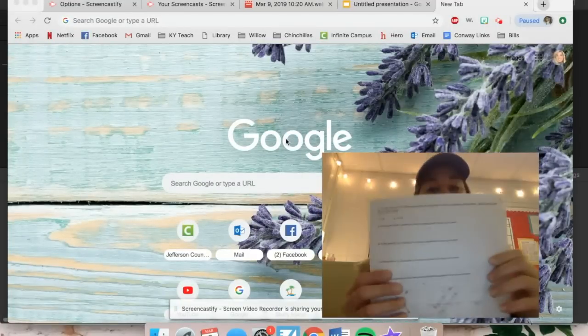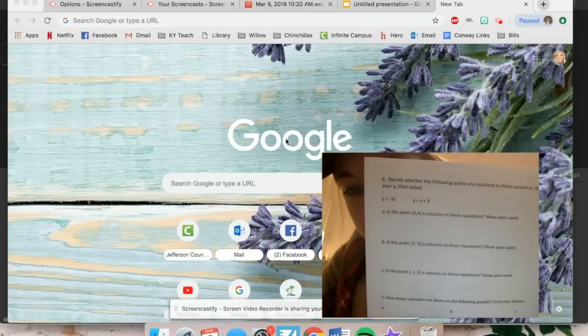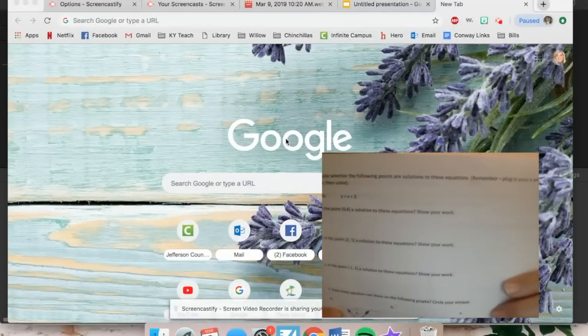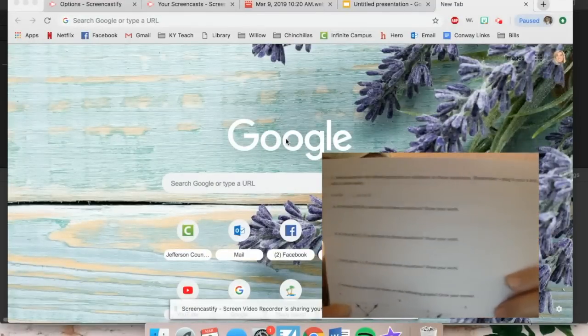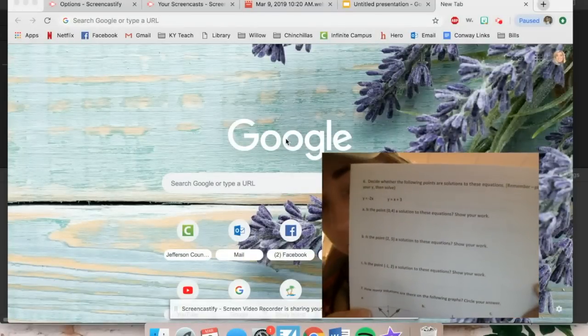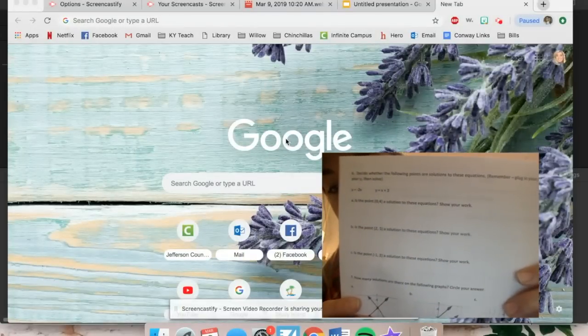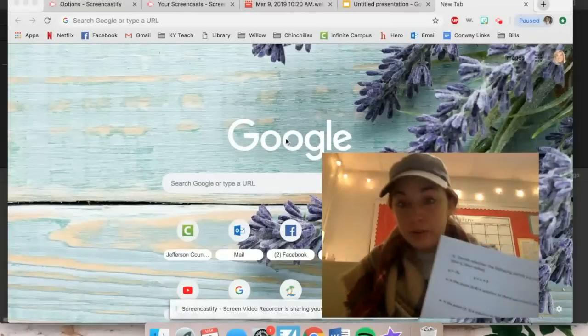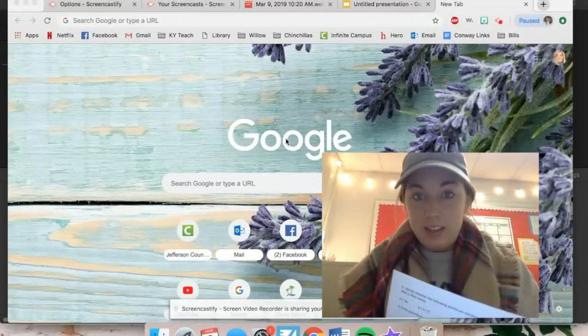All right, so here we are. And it says, decide whether the following points are solutions to these equations. Remember, plug in your x and your y, then solve. So A says, is the point 0, 4 a solution to these equations? Show your work. Basically, what you're going to do is plug in your points.